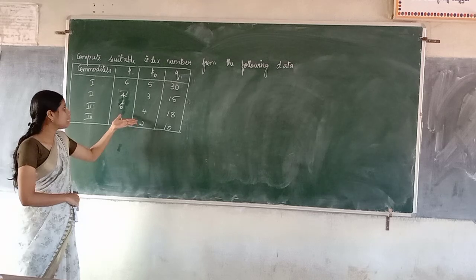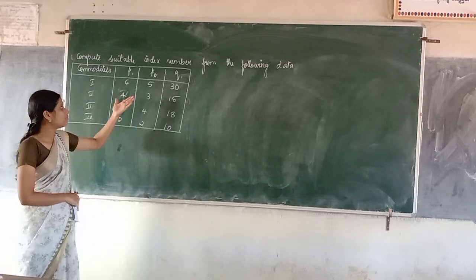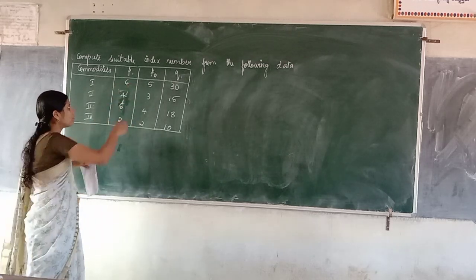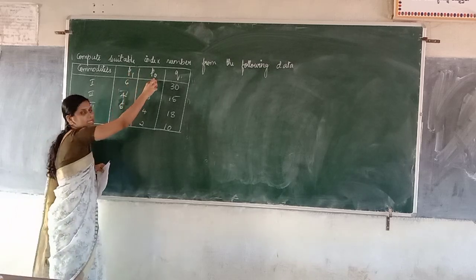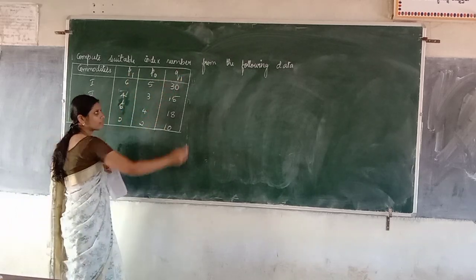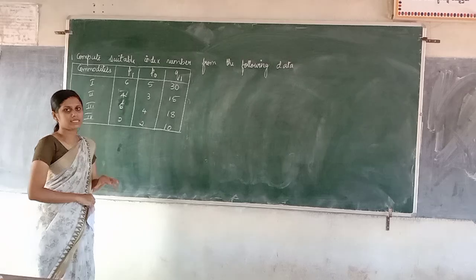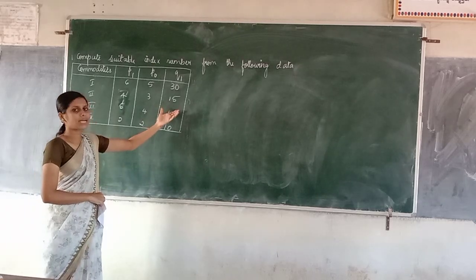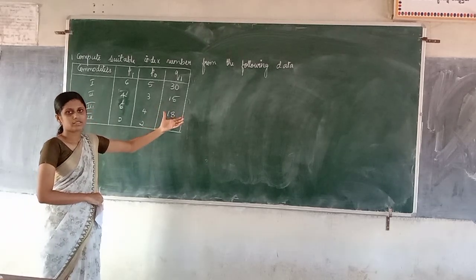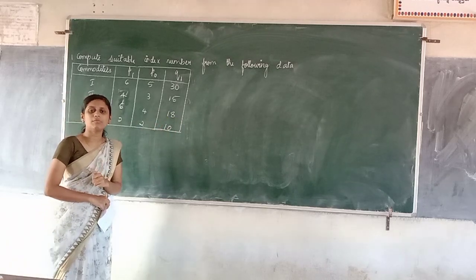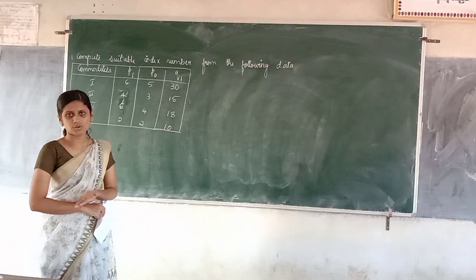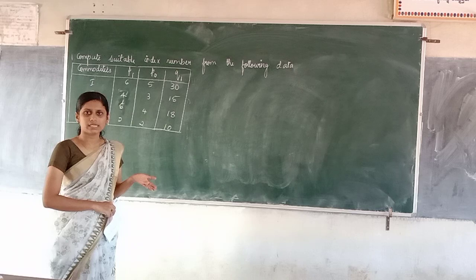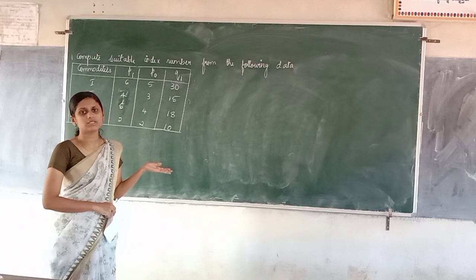So we are provided with the information of prices of current year, prices of base year and quantities of current year. So in which price index number are quantities of current year used as weight? In Laspeyres' price index number, quantities of base year are used as weight, but in Paasche's price index number, quantities of current year are used as weight.